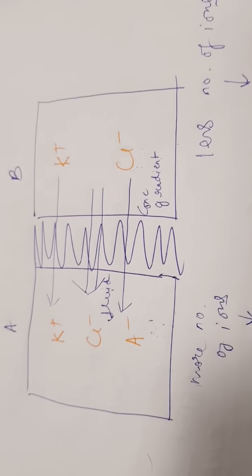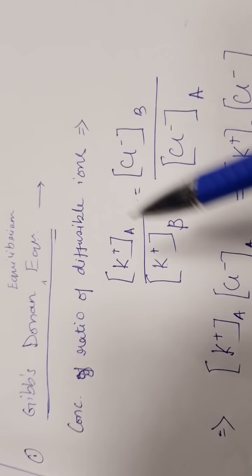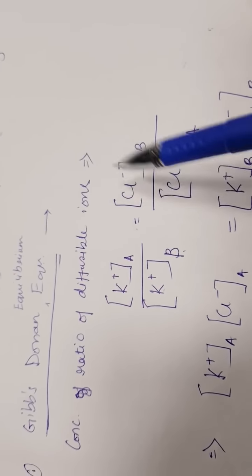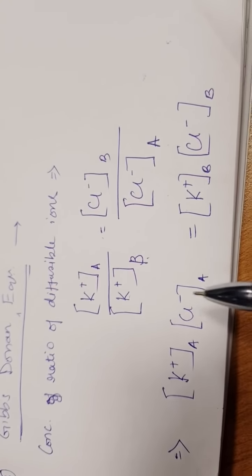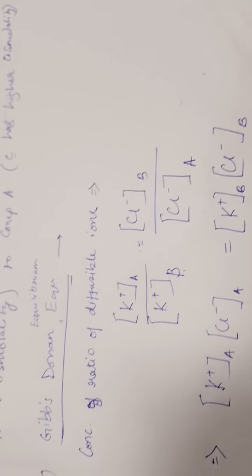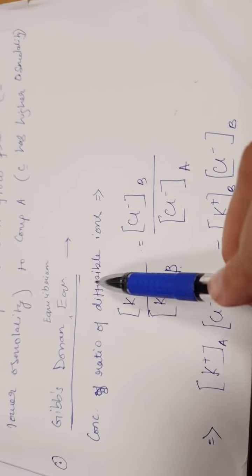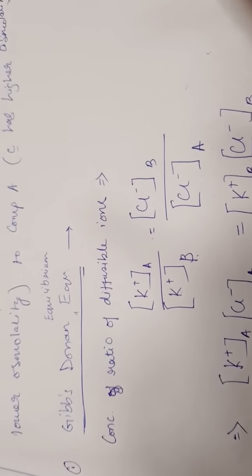Okay, and what is the Gibbs-Donan equation? The Gibbs-Donan equation is this. Potassium in A by potassium in B is equal to chloride in B by chloride in A, which comes out to be potassium in A into chloride in A is equal to potassium in B into chloride in B. So this is the Gibbs-Donan equation which gives the concentration ratio of the diffusible ions. And to repeat, what is Gibbs-Donan equilibrium?